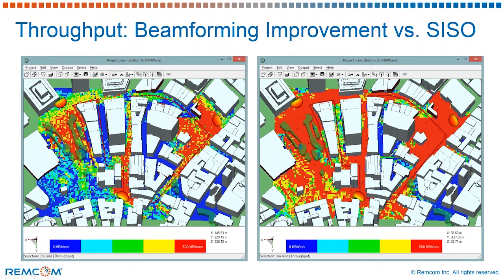We then put a route through many of these different regions, including some of the line of sight regions, some of the shadowed regions, and some of the areas where there's interference between base stations so that we can take a closer look.